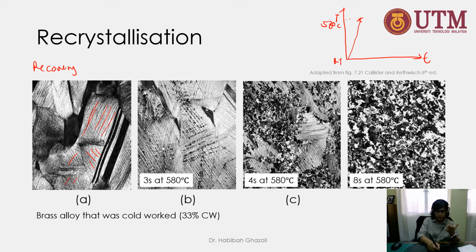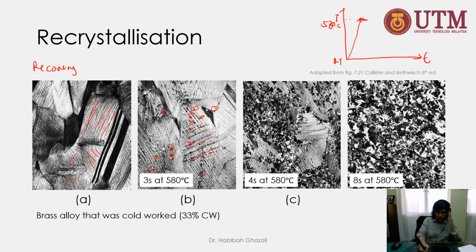As the temperature remained at 580 degrees Celsius for 3 seconds, you can see at the tilt boundary, from this image here, it's very obvious, a small seed or small nucleus starts to form at that tilt boundary. You can also observe them at the grain boundary, but you can observe them everywhere.